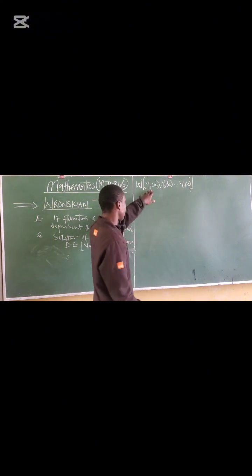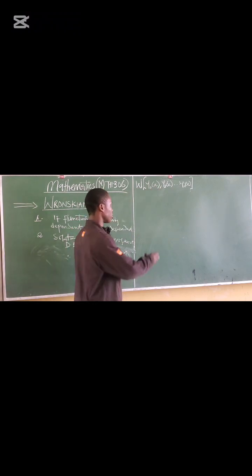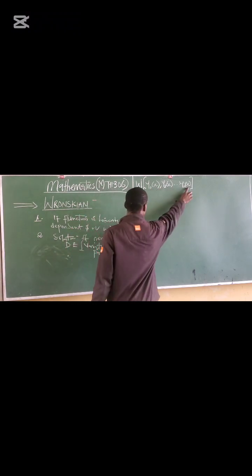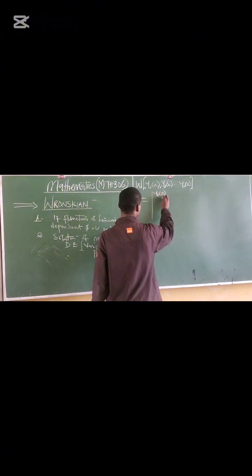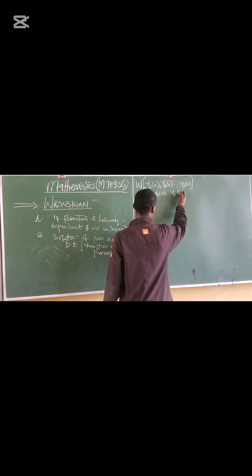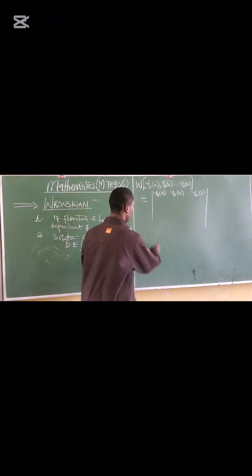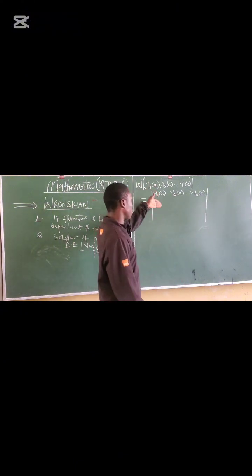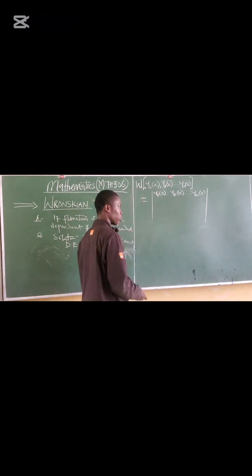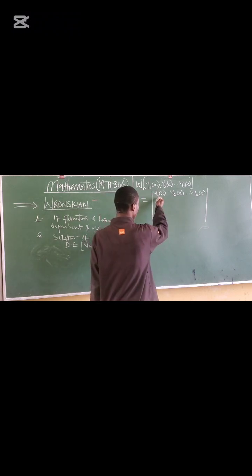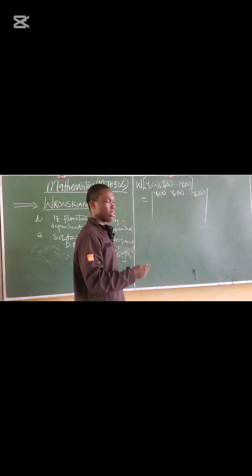Let us say we have n solutions of a given function, and the WRONSKIAN of these functions is given by the determinant of y1 of x, y2 of x, down to yn of x. To get the other rows in the determinant, we are going to differentiate the given solutions as many times as possible.